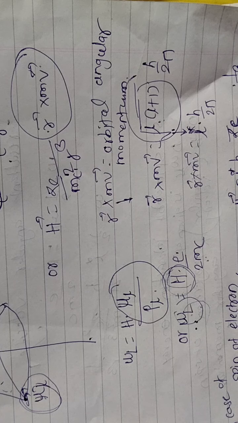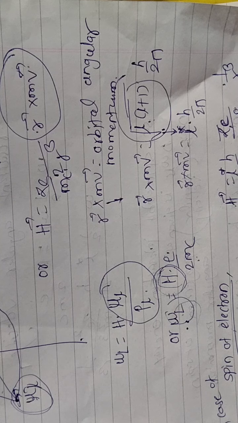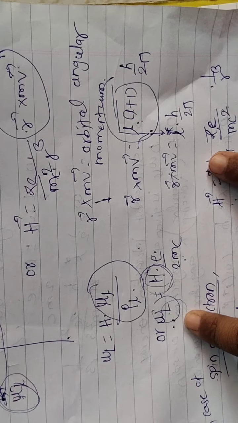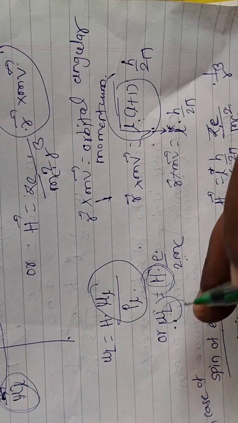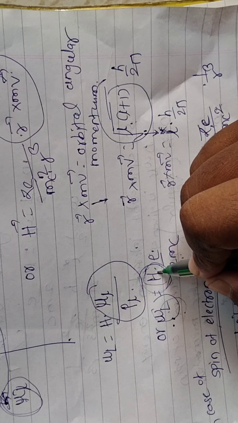Morning students. In the last lecture we started the expression for the spin orbit interaction energy. So for this expression we will be solving it, and in the last lecture we are here. This is the omega L. It is the angular velocity of the revolving electron in presence of an applied magnetic field.